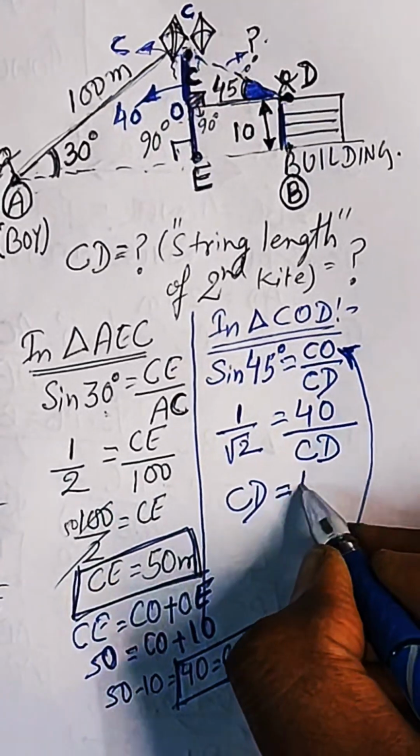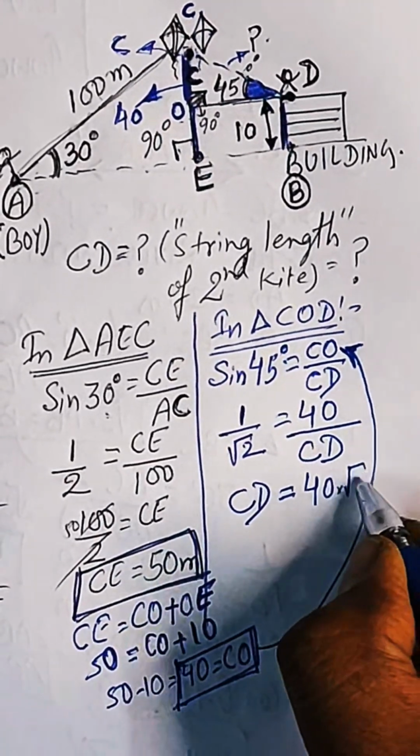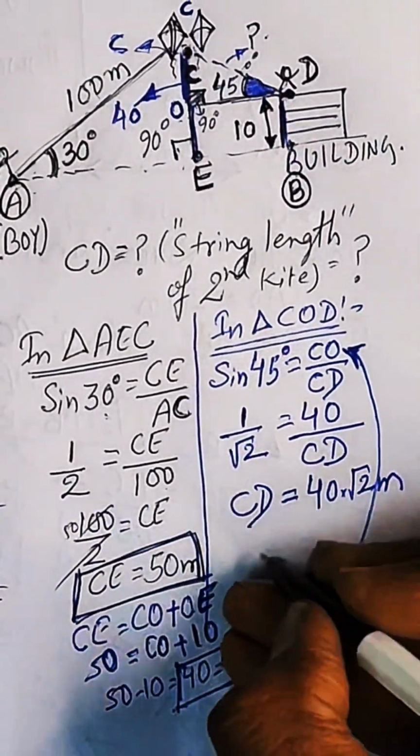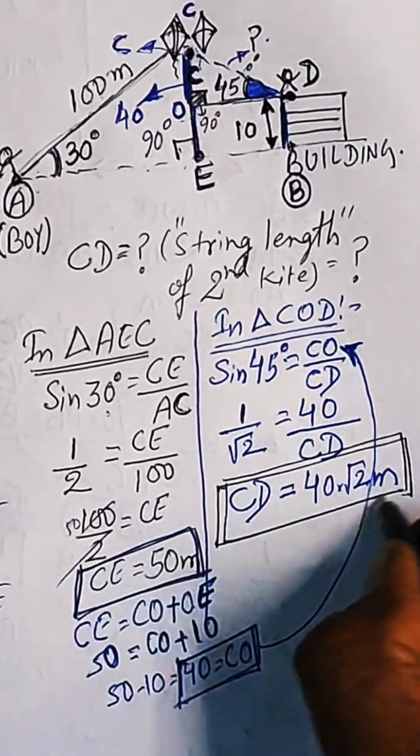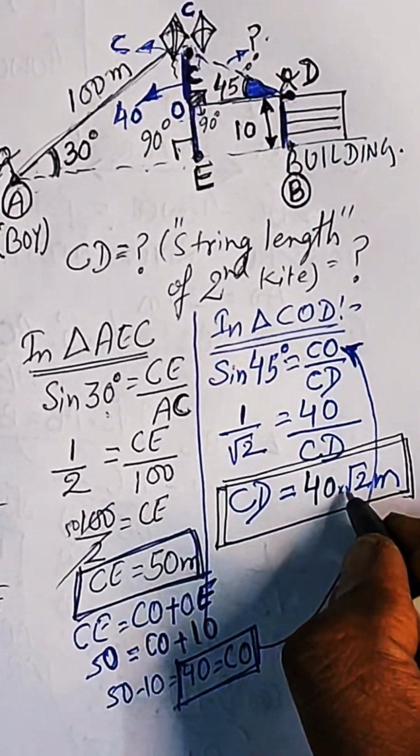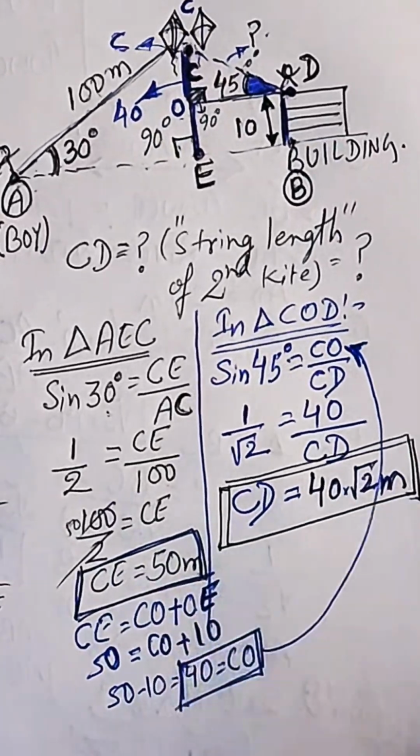Just do cross multiplication. It will be equal to 40 root 2 meter. My dear friends, we have calculated the string length of the second kite, which is equal to 40 root 2 meter, right?